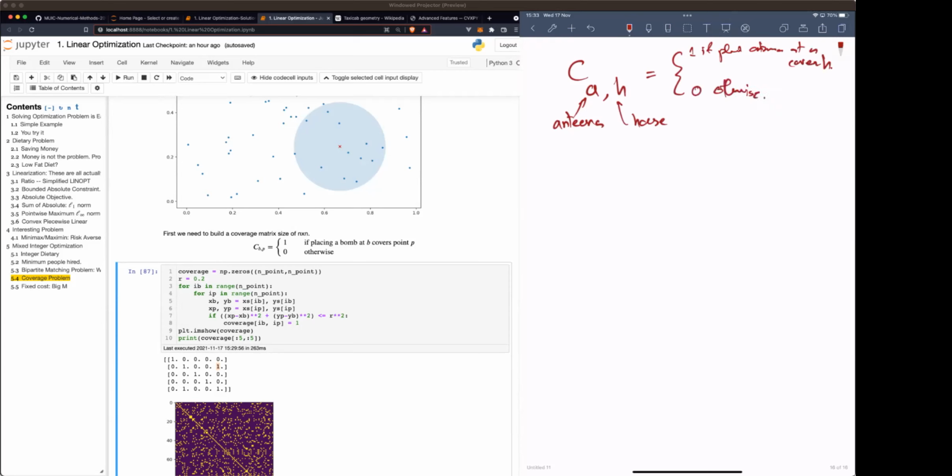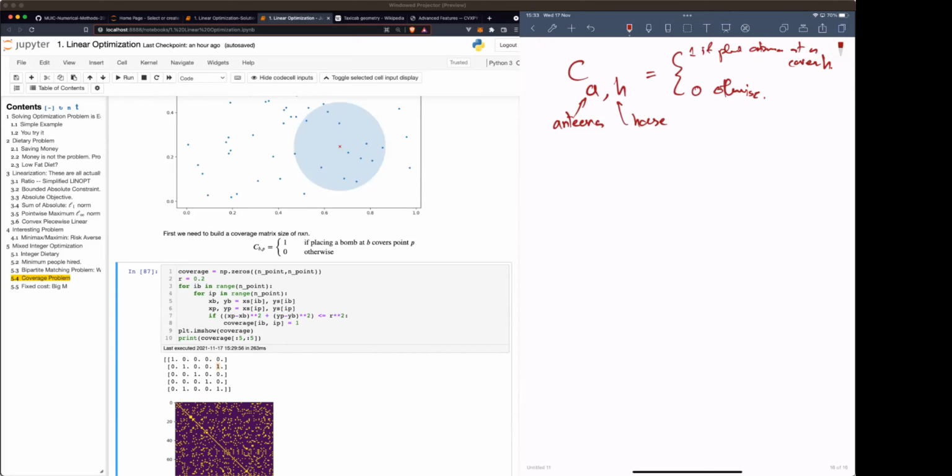The first thing that we need to do is to figure out what our decision variable is. What are we trying to vary? What kind of data structure would you use to vary the places where you put the antennas? If you want to know where the antennas are placed, how would you store it so that you can adjust it?